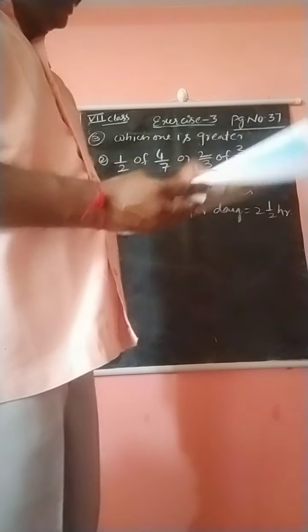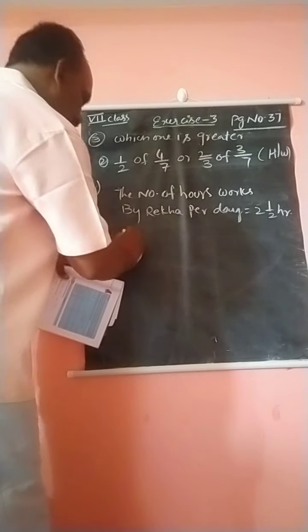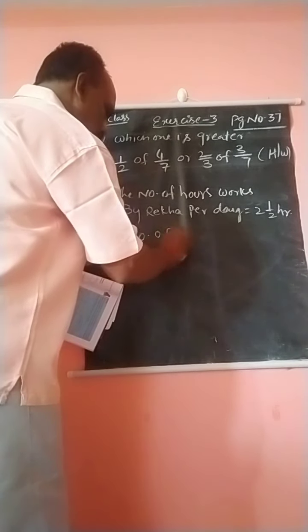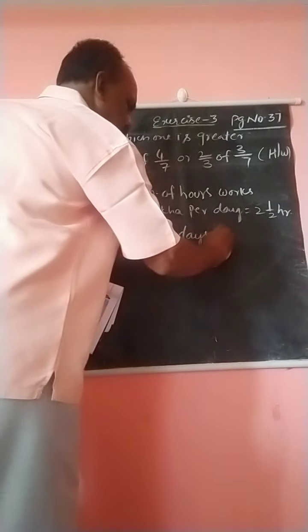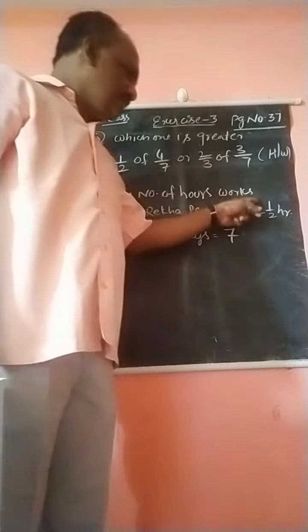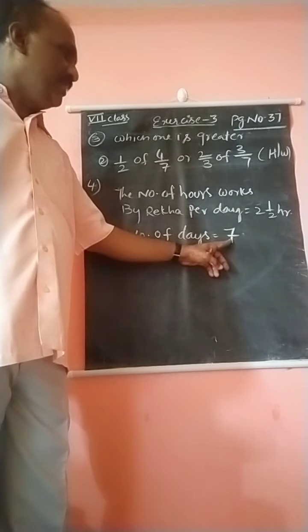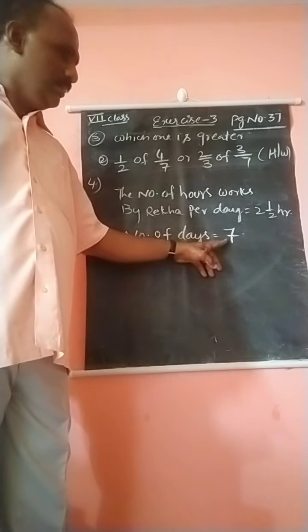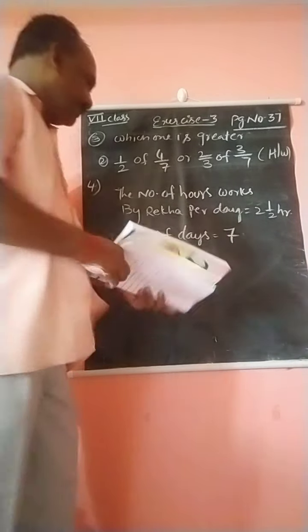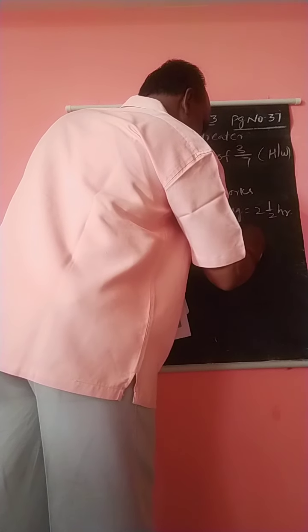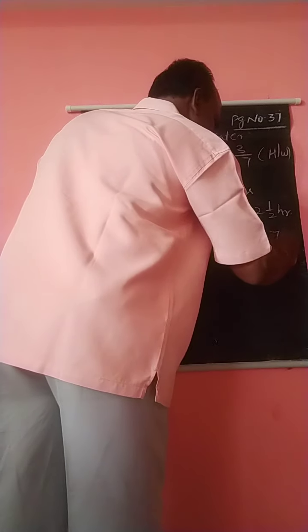Next, how many days? 7 days. Similarly, she works for 7 days, 2.5 hours per day. How many days was she working? The number of days working is equal to 7 days.